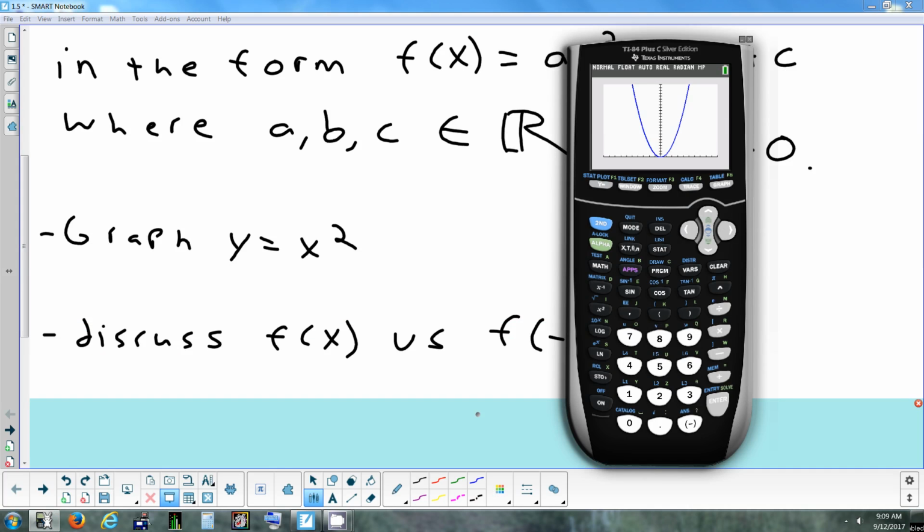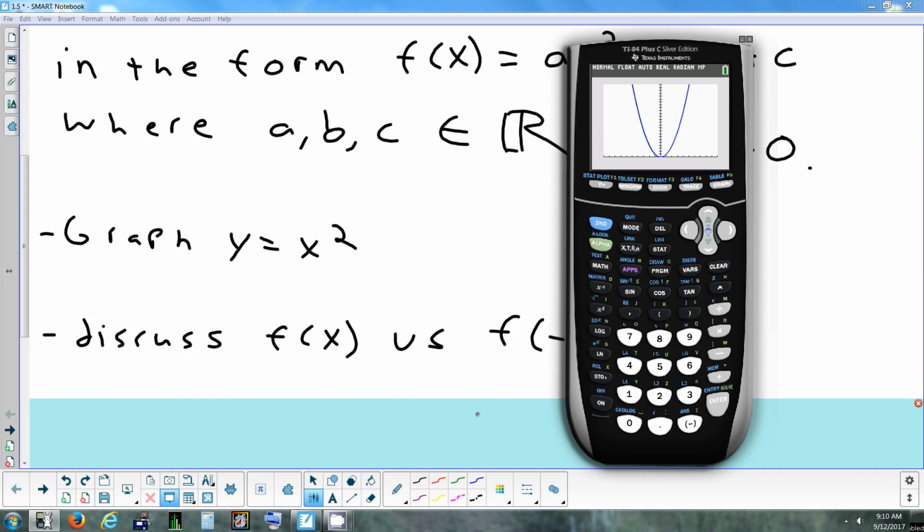No, there is no difference, and that means something here. Does anybody know what that means if you can plug in a negative x for x and the picture looks exactly the same? A negative number squared and its positive number squared would be the same thing. If you square a negative number or you square a positive number, you get the same result. And geometrically, what does that mean about this picture? If this picture is the same as the other picture, it has to do with this y-axis.